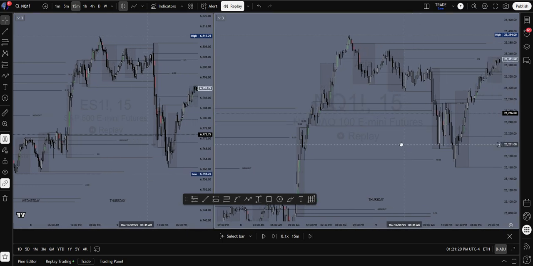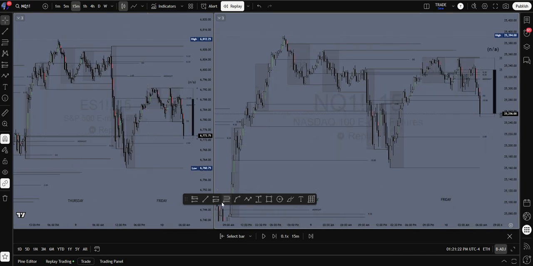Okay, we could look for this, something like this. On the 15-minute time frame. Okay, so I don't know if I should cut this back. No, actually, never mind.